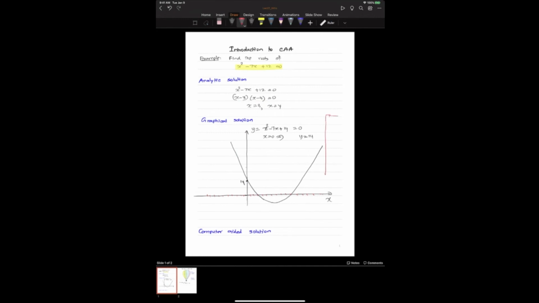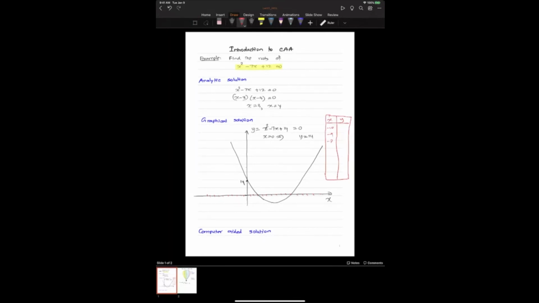For x, say, minus 10, minus 9, minus 8, up to 20. You create all these points, and then for each x you can find y. So you have a pair of points, and you just enter them here. First you enter the points, and then you connect the dots using a line.